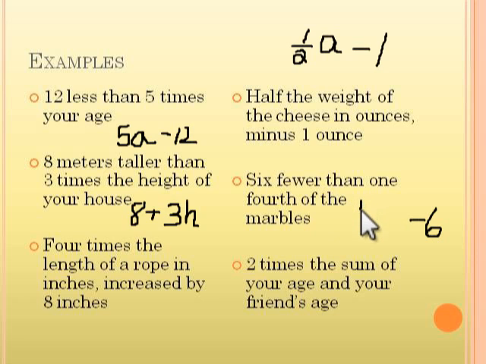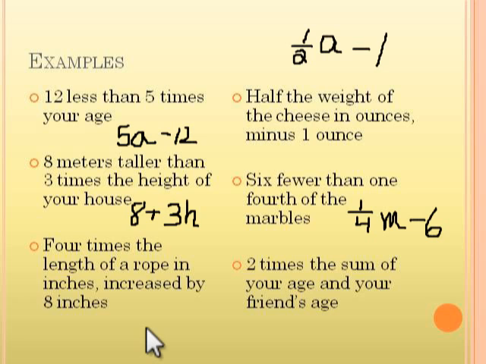So I'm going to use M for marbles. 1/4 times M minus 6. That's my expression. So what if they said, oh, well, you have 12 marbles. Then you could evaluate it. You could substitute the M for a 12, and you could figure it out. They're not asking you to do that right now, but that's what you could do.